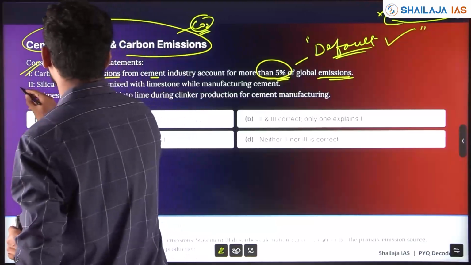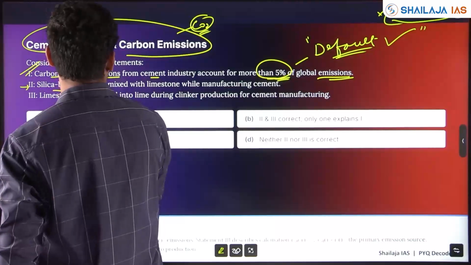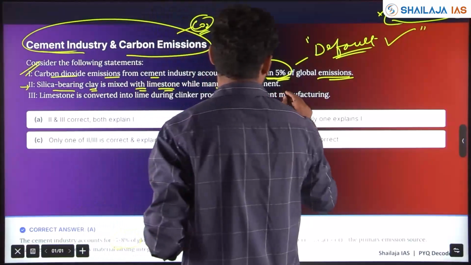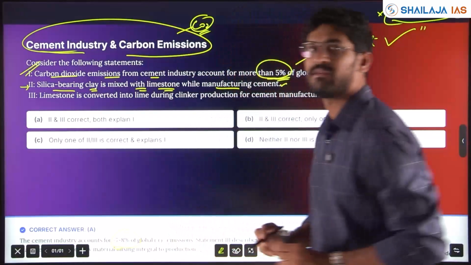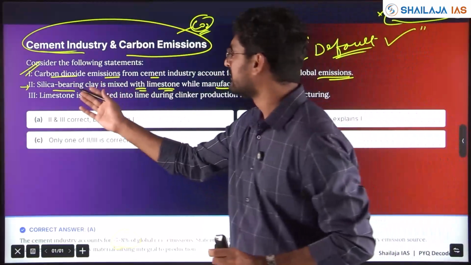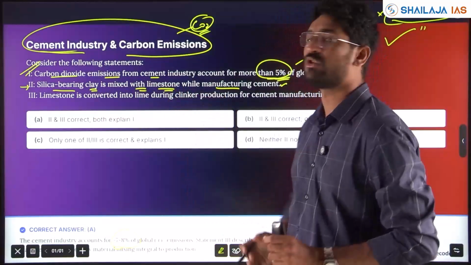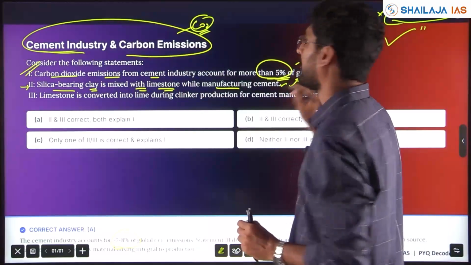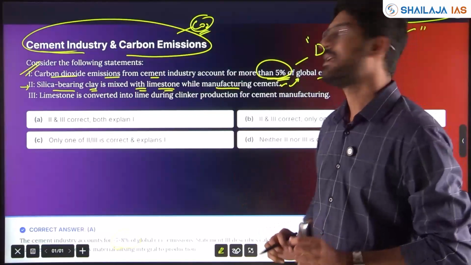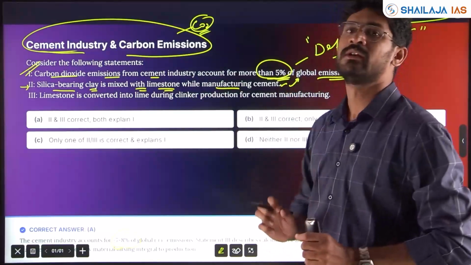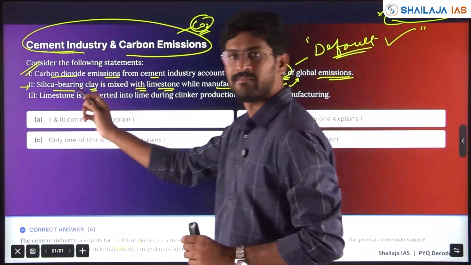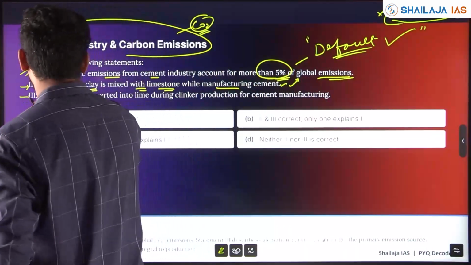Second statement, silica bearing clay is mixed with limestone while manufacturing cement. This is the cement manufacturing process, and when silica bearing clay is mixed with limestone, you release carbon dioxide. That is a byproduct. So carbon dioxide emissions account for more than 5%, that is 7 to 8% of global CO2 emissions. This is the procedure, correct.